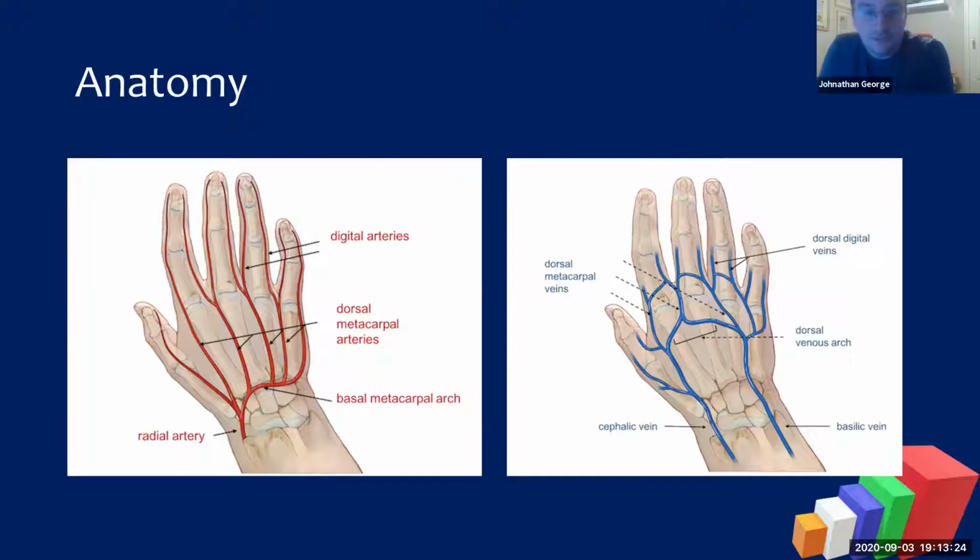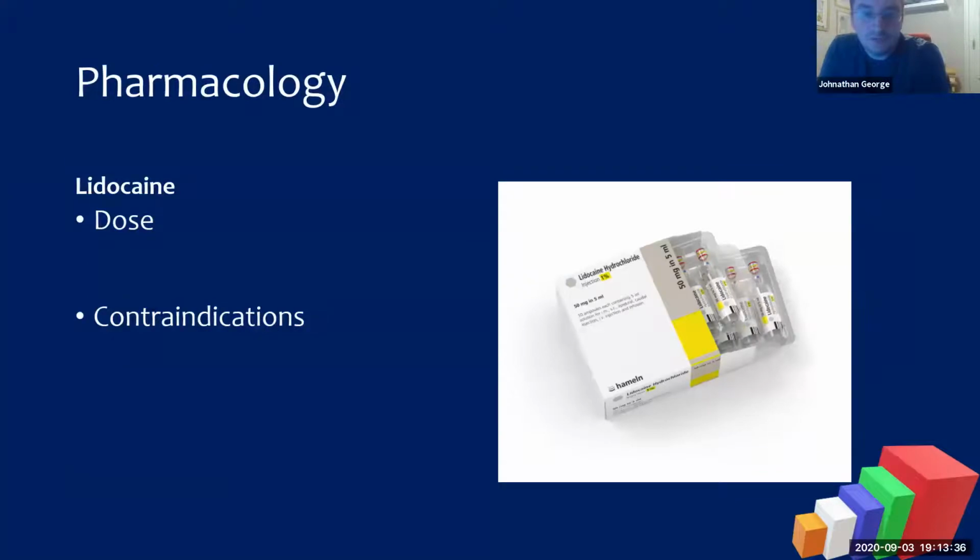You can use 2%, but you've got to use a smaller volume, so you've got to adjust it. Yeah, Darren's put 4 mils of 1%. Okay. So we want to be injecting up to 3 milligrams per kilogram for your patient. But yeah, a couple of mils is going to be enough for a finger. It's a very small space that you've got to fill.